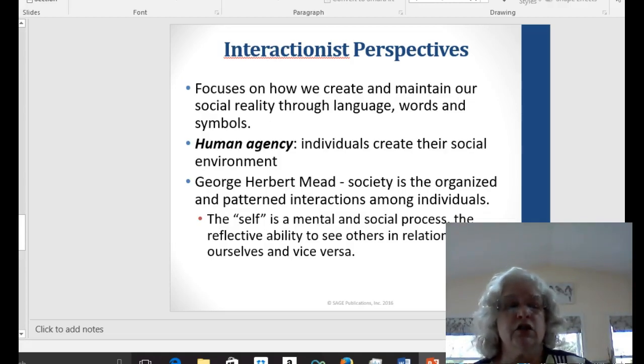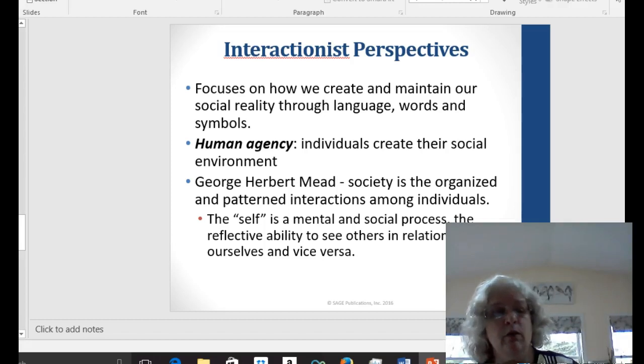The interactionist, we also call it symbolic interaction, perspective focuses on how we are created and how we maintain our social reality through language and words and symbols. And we look at that effect on the individual.